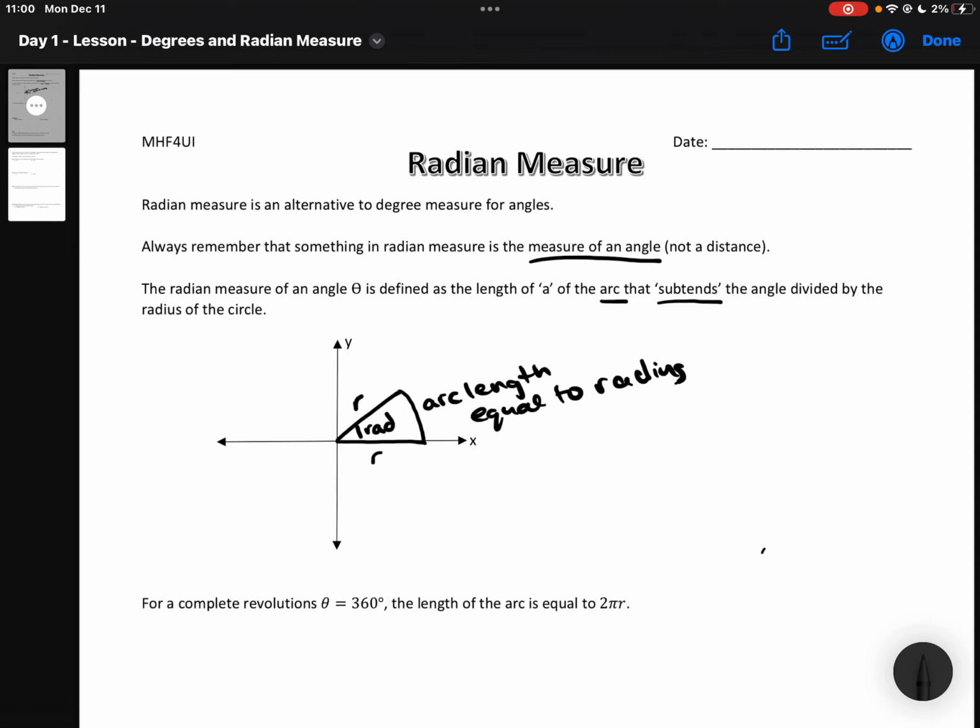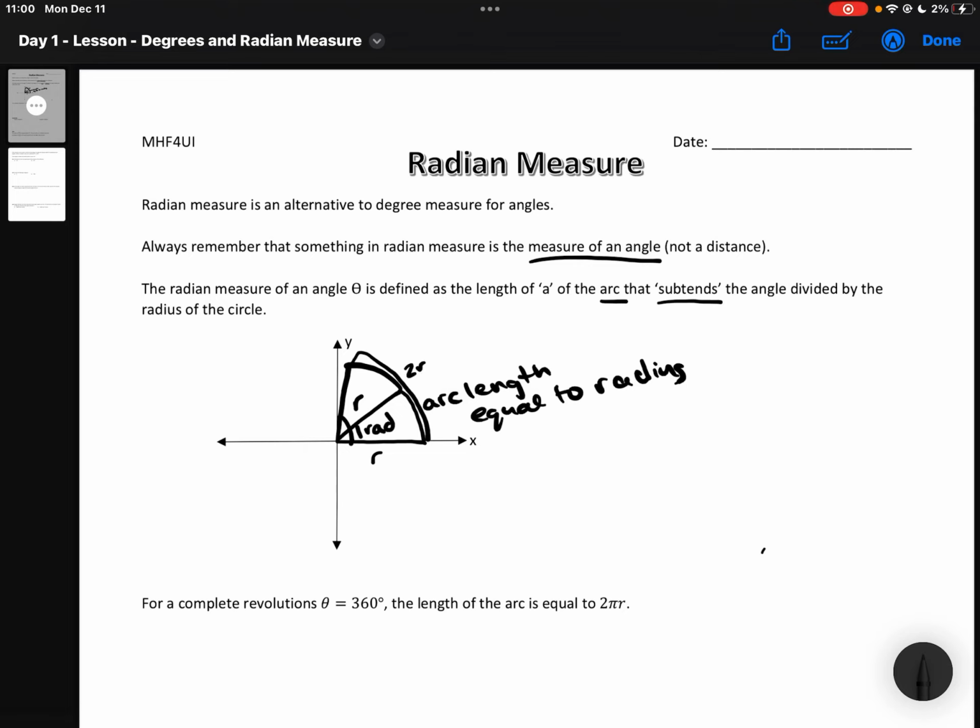If I had another arc length up here, this whole distance would be 2 radians if this arc length was equal to 2 times the radius.